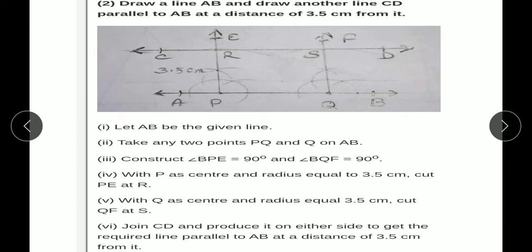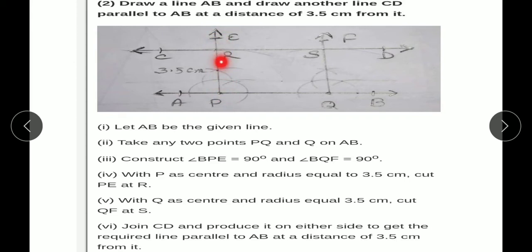With the help of a compass, we already know how to make a 90-degree angle. First of all, take an arc and cut this line from here, and again from the other point as center, cut this line. Now with the help of this center cut here, and with the help of this center cut here, and now you can make this line.